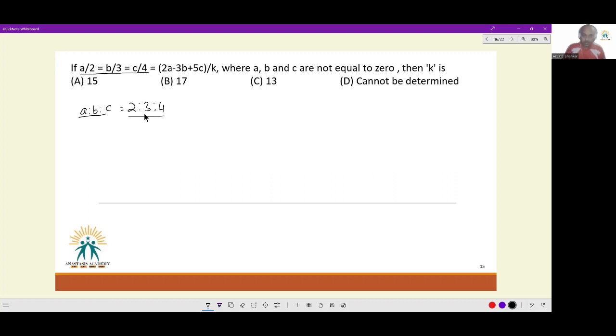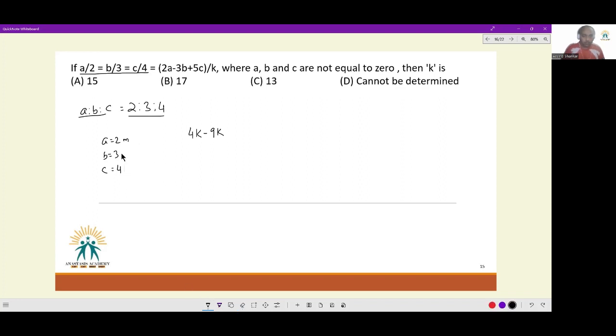So utilizing that, I'm going ahead and writing it down. They are in the ratio 2 is to 3 is to 4. So A is 2K, B is 3K, and C is 4K. So 2 into 2K, 4K, minus 3 into 3K, 9K, and... Oh, I can't use K, because K is a variable given in the question.